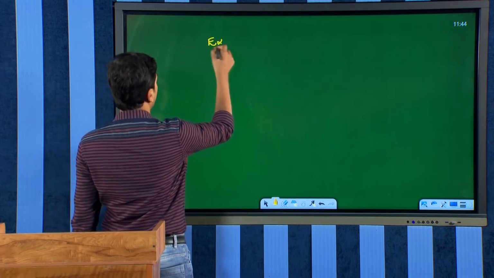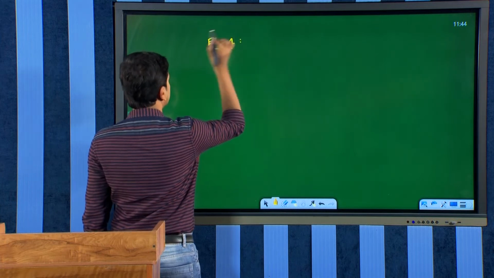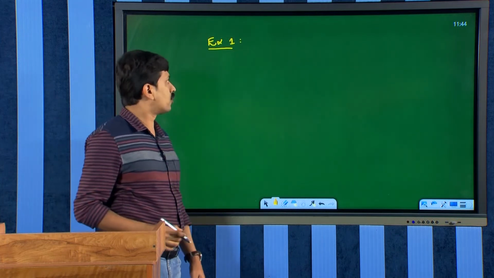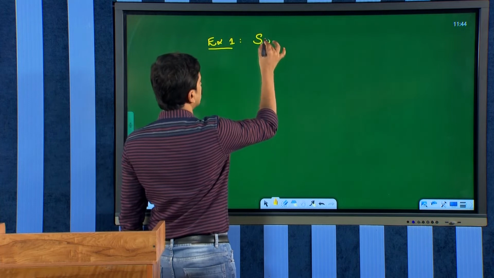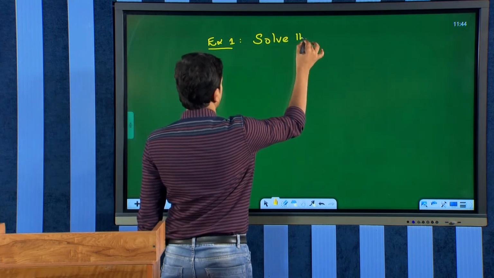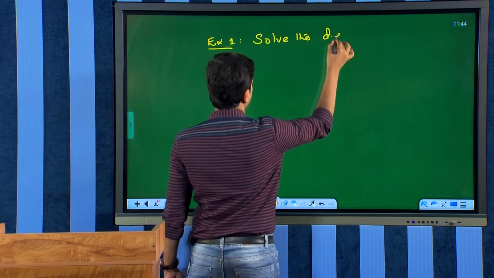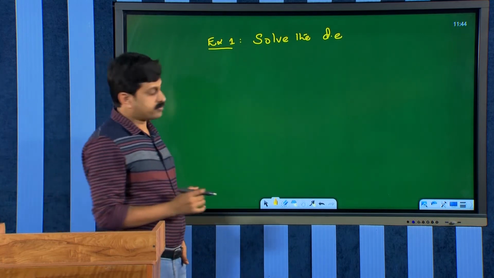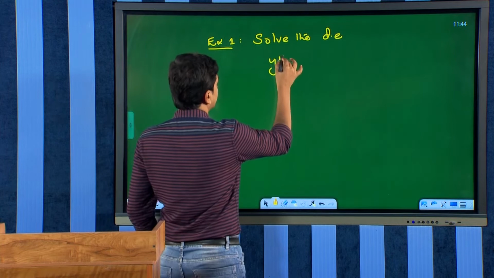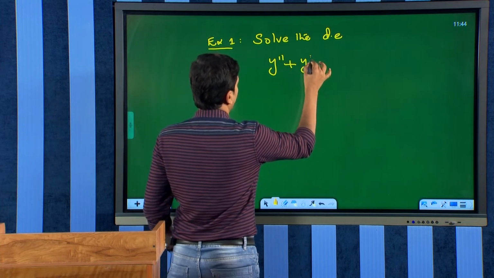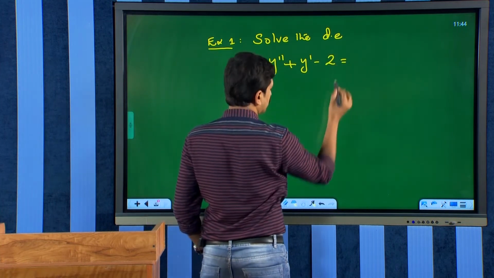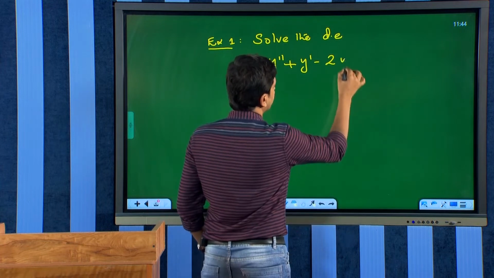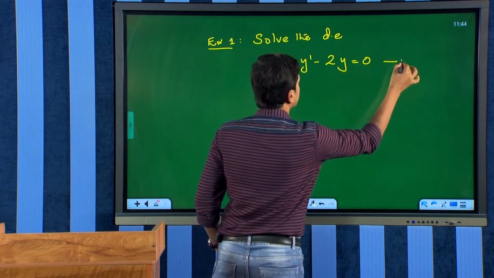In example 1, solve the differential equation y double dash plus y dash minus 2y is equal to 0.